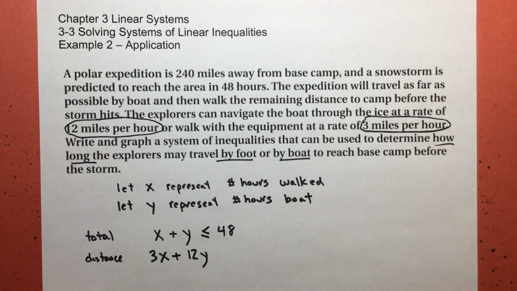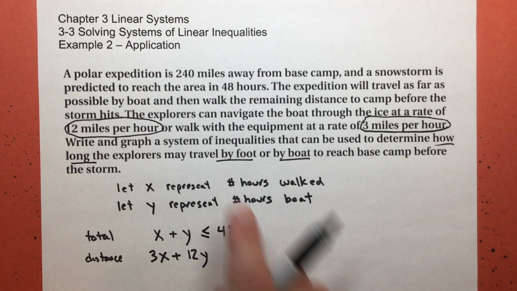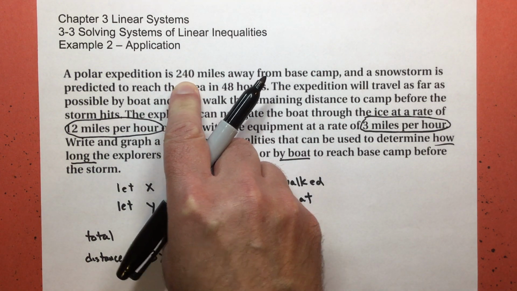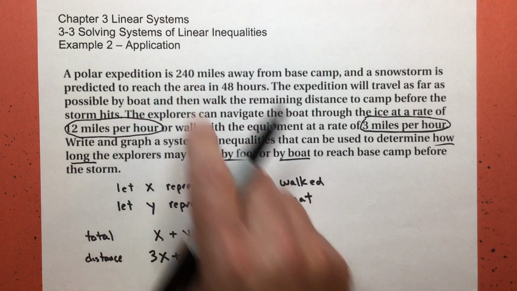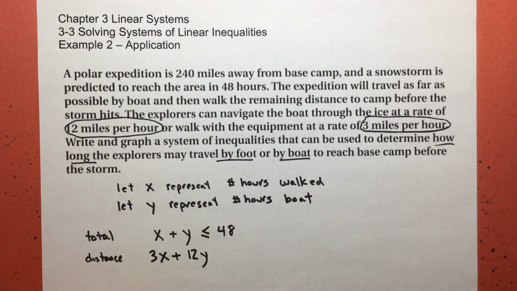But now here's the tricky part. If they go in a straight line, of course, you got the curvature of the Earth, so you can ignore that for a second. But if they go directly, in what we in geometry call the Great Circle Arc, they're going to go 240 miles. They cannot go less than 240 miles. But they could go more than 240 miles.